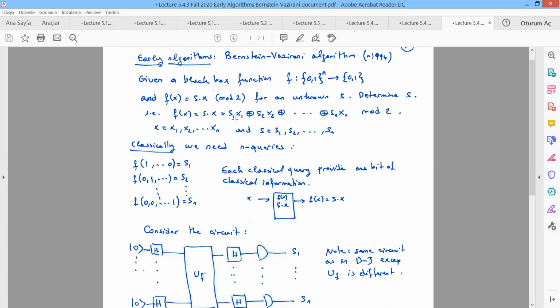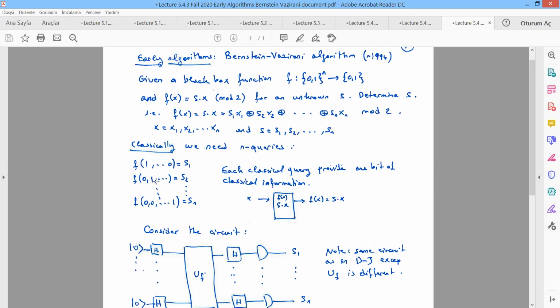What the circuit will compute is s1 only, because all the other x's are 0 and only x1 is 1. So what the circuit will output is s1 only. Similarly, all the other s's require a separate query classically.